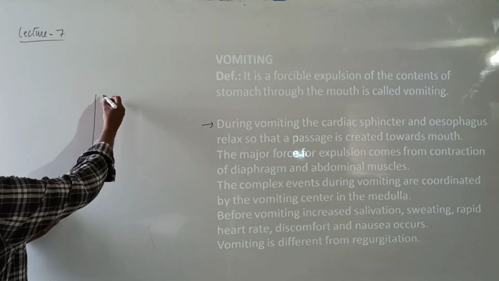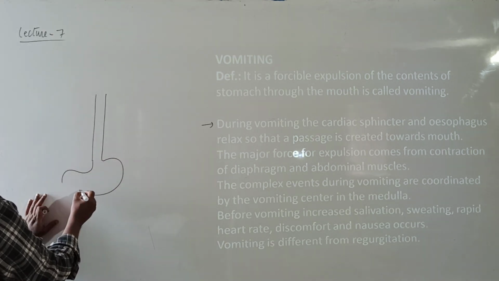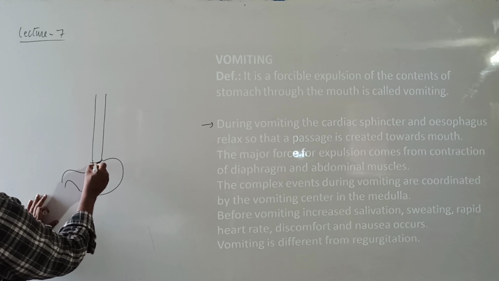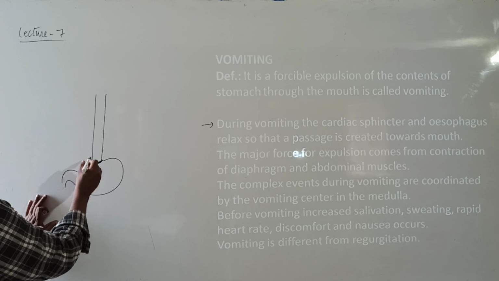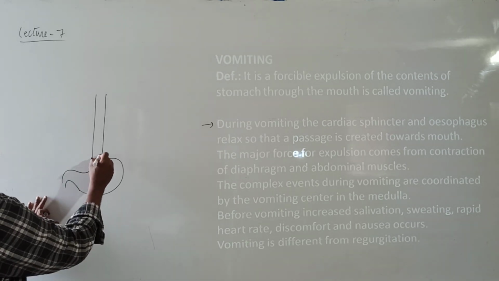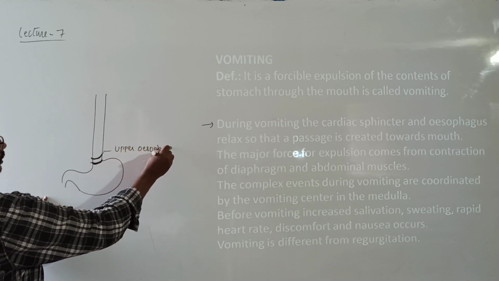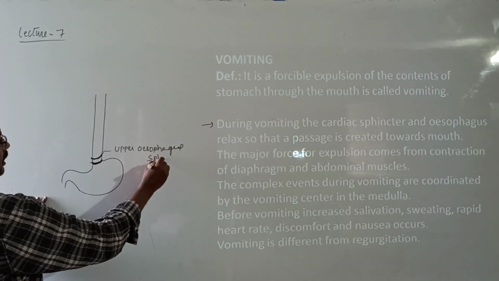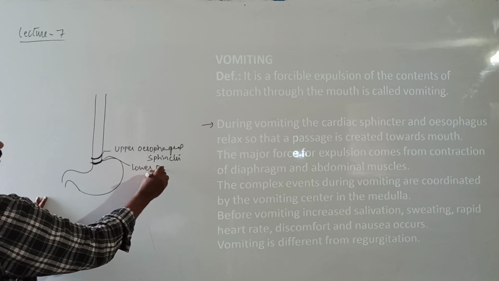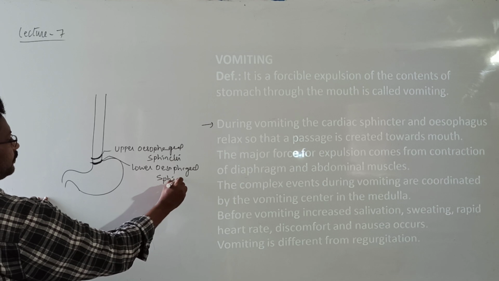Usually some authors believe that at the junction, we know already there is one cardiac sphincter. Some authors say that there are two sphincters in this location. One we call the upper esophageal sphincter, and one more is the lower esophageal sphincter.